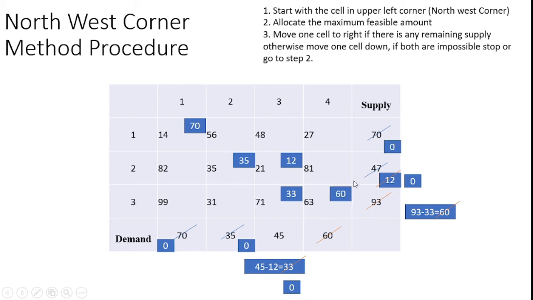So I allocate the 60 to that distribution center. Then the demand becomes 0, and the supply is also 0. So in all the distribution centers I allotted the available supply for the required demand. Likewise I allocate the resources available in the problem.